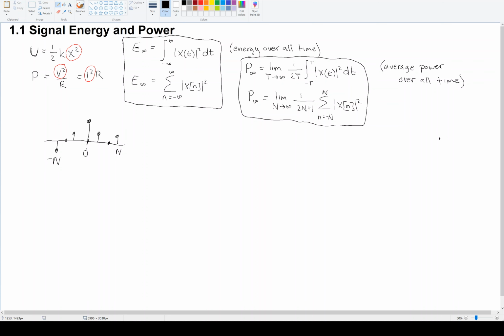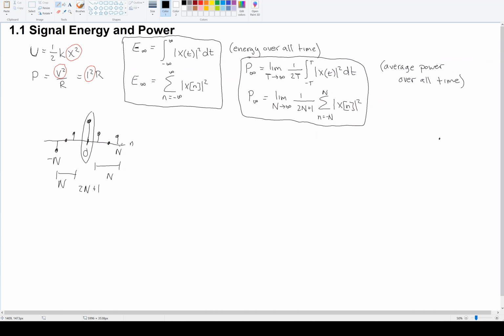And you say, well, how many points is that related to n? Well, we have 1, 2, and so on, up to n this way, and we have 1, 2, up to n this way. So we have 2n. Then we have the 1 at the origin. So we have a total of 2n plus 1 points.